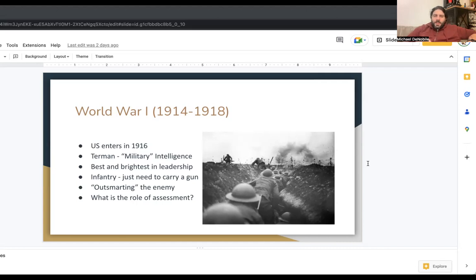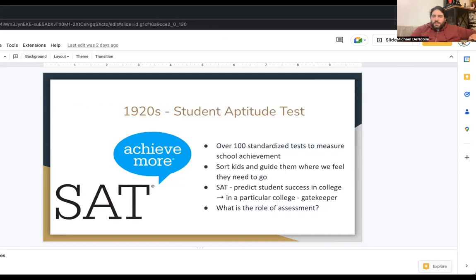And by the end of the war, going into the early 1920s, we now have over 100 standardized tests developed to measure school achievement. We're able to sort kids and guide them where we feel they need to be. One of the biggest ones in the 1920s, first given in 1926, is the SAT, the Student Aptitude Test.